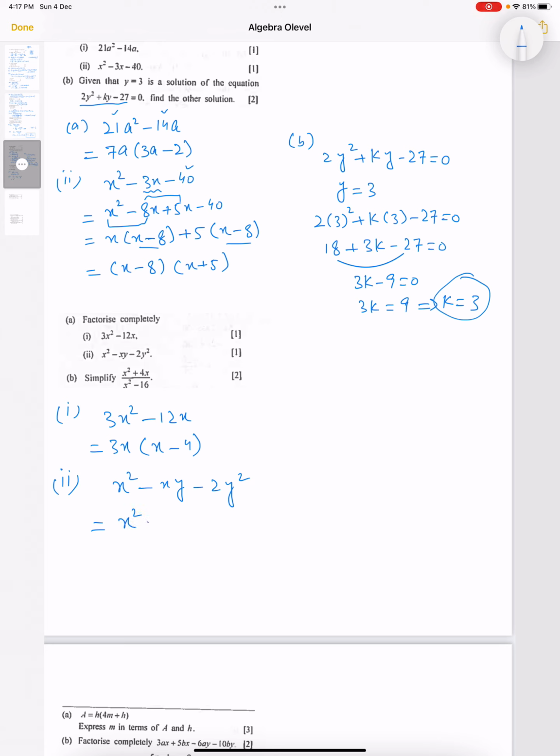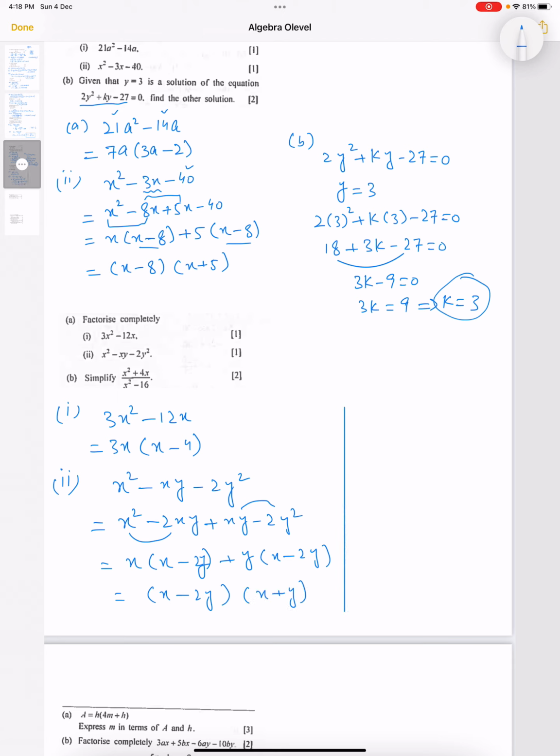It becomes x square minus 2xy plus 1xy minus 2y square. Take x as common from the first and second term. We have x into (x minus 2y), and then y as common from these two terms. Again, it is (x minus 2y). So we have (x minus 2y) into (x plus y) as the answer.